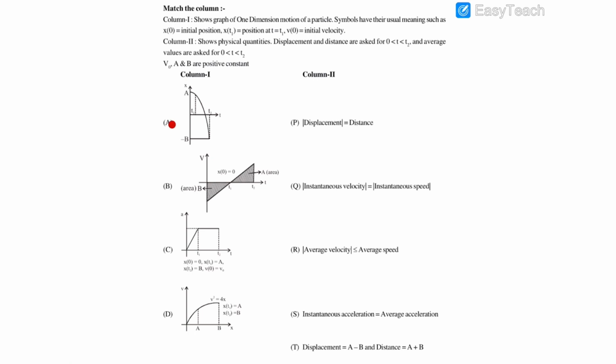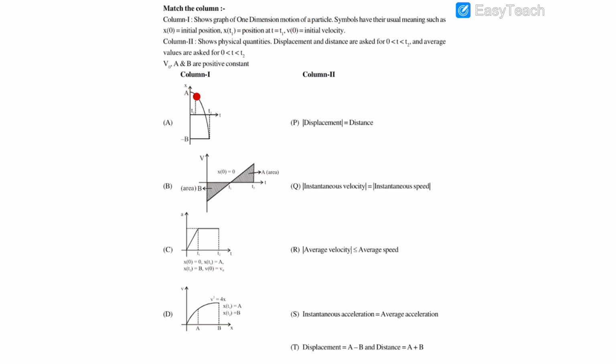So in the first case, option A, you can see that this is a position-time graph. Initially the position was positive, and then it became negative. So displacement is continuously decreasing from A to B, and obviously this particle is having a one-dimensional motion.